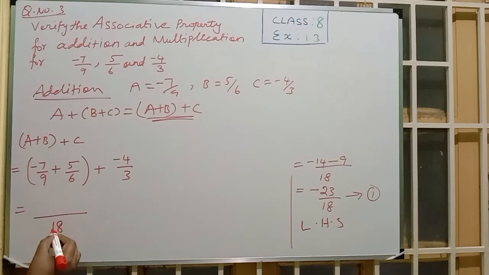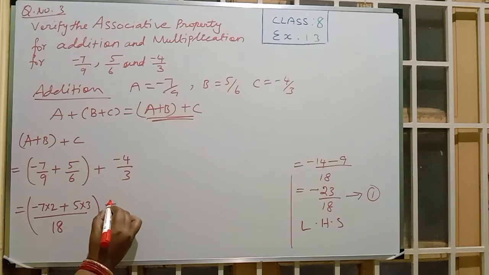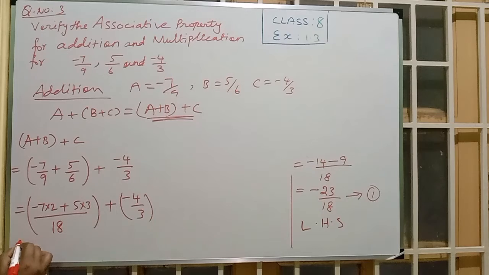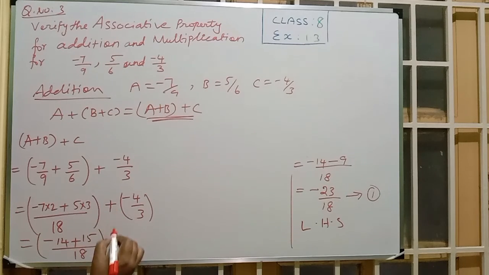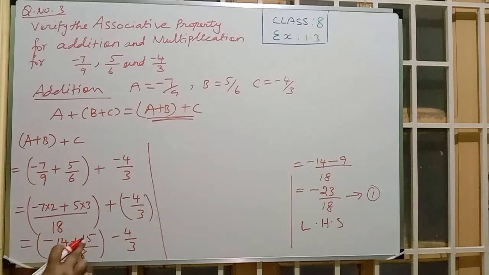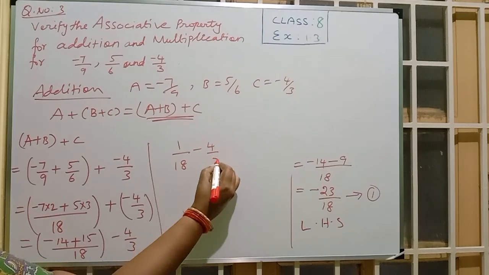So 9th table 2 times, so minus 7 into 2 plus 6th table 3 times, so 5 into 3. Close bracket plus minus 4 by 3. That is equal to 7 2s are 14, minus 14 plus 5 3s are 15, divided by 18, plus minus 4 by 3. Now minus 14 plus 15 means 1 by 18 minus 4 by 3.